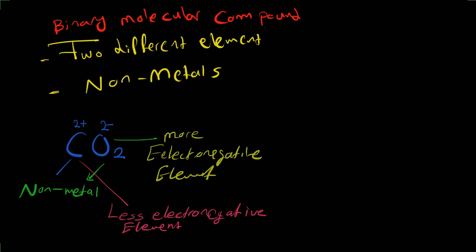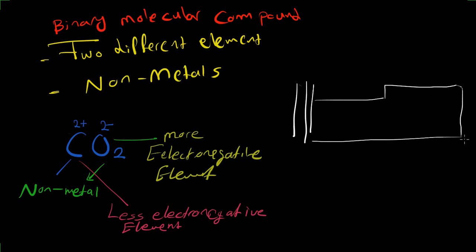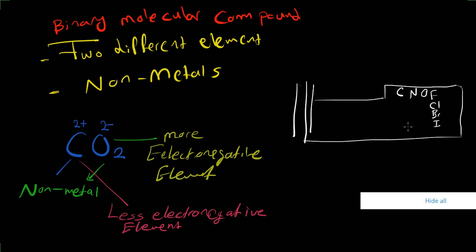You know guys, in the periodic table you have group 1, group 2, the D block and the P block. Here you have carbon, nitrogen, oxygen, fluorine, chlorine, bromine, iodine.